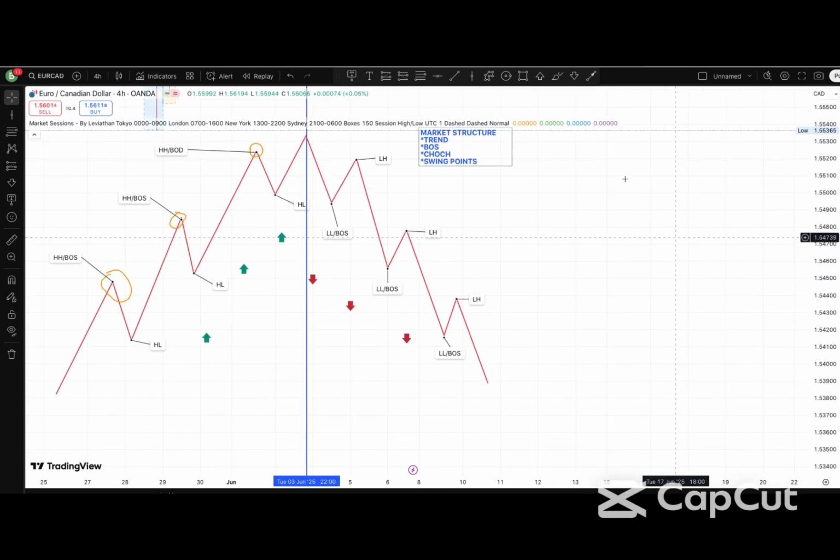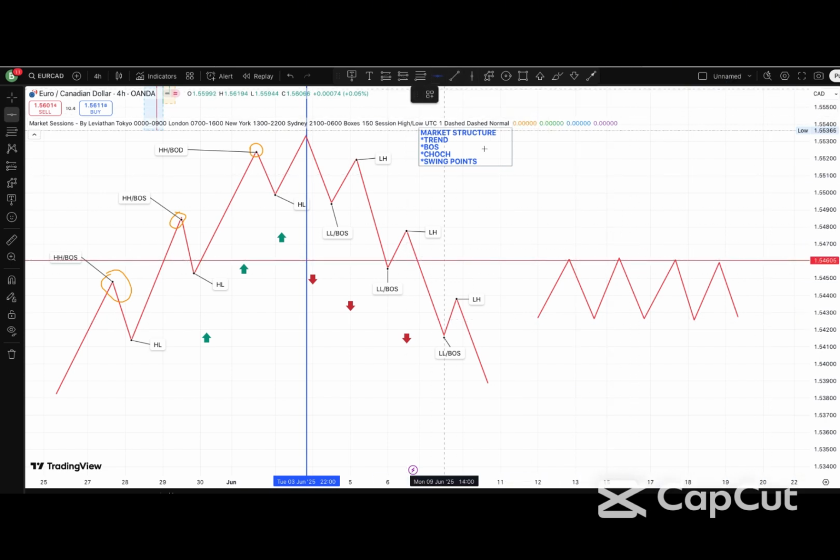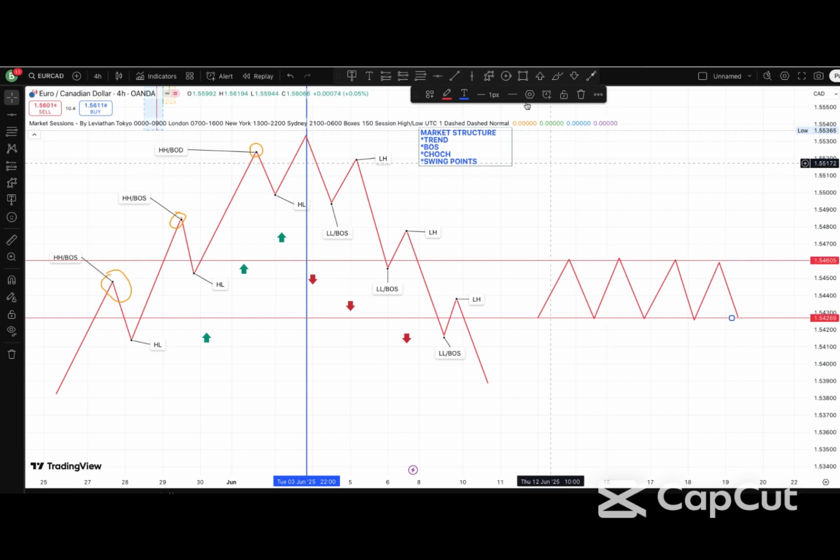All right, there's another trend called the ranging trend, which can signal equal highs or equal lows at the same level. So at this point, you might want to draw a line at the top and another line at the bottom to signal the support and resistance.